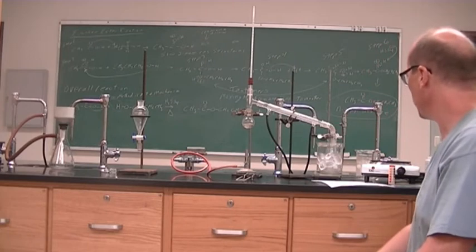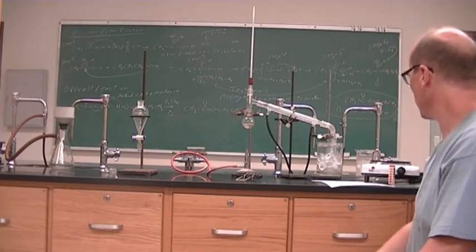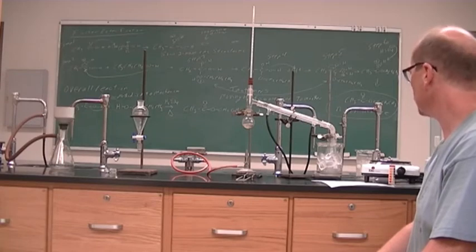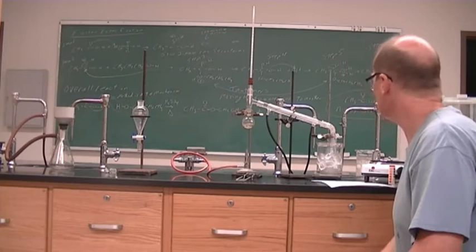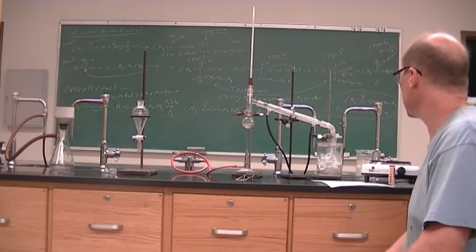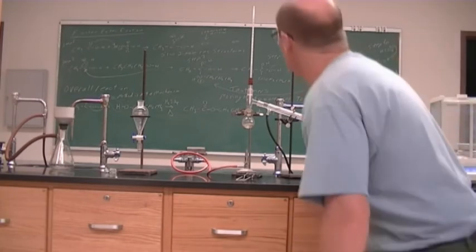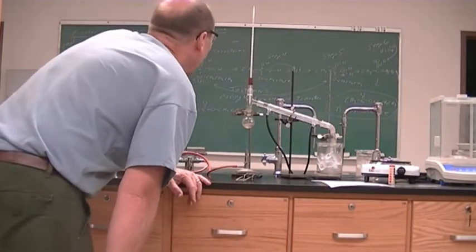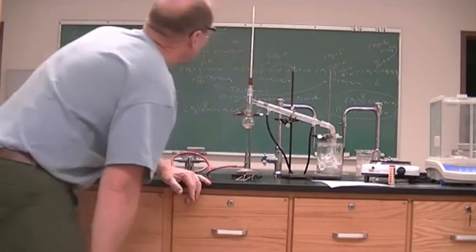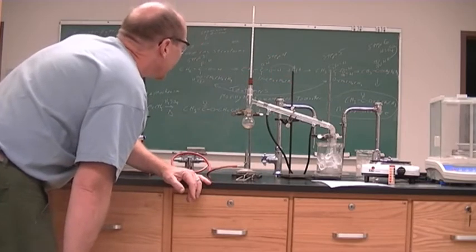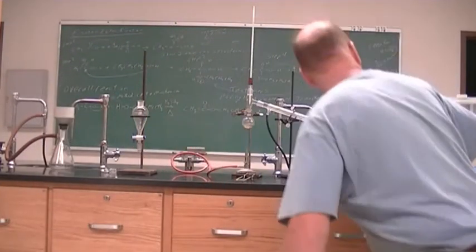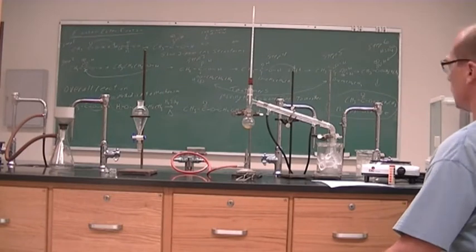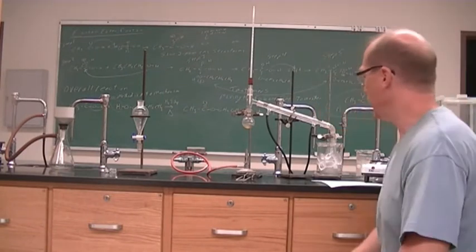It's looking pretty good. Now we'll check the temperature again, and it looks like 104 degrees Celsius. The scale on that thermometer is very difficult to read.